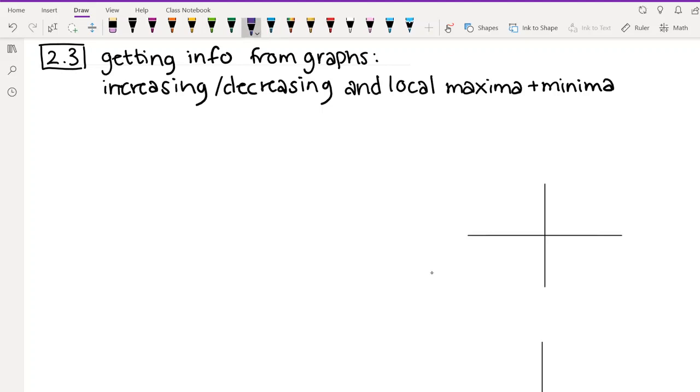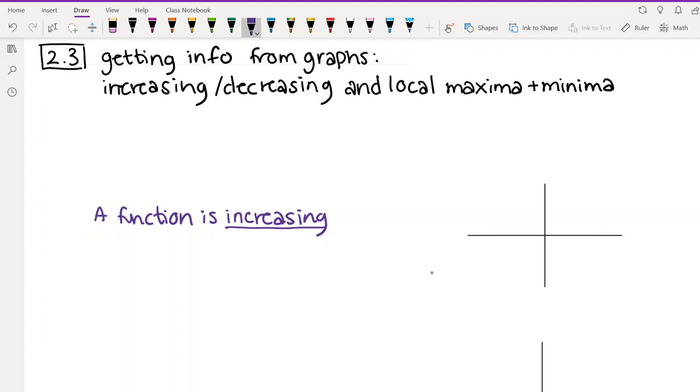So the definition of a function increasing and decreasing is pretty much exactly what I think you'd guess. So a function is increasing if, reading the graph from left to right, the graph is going upward.